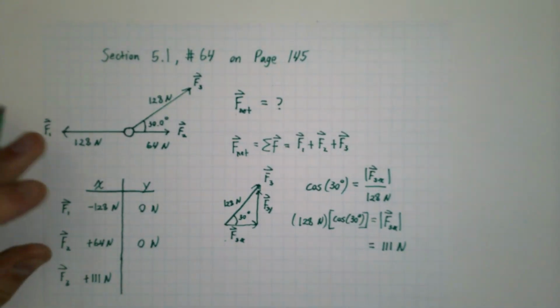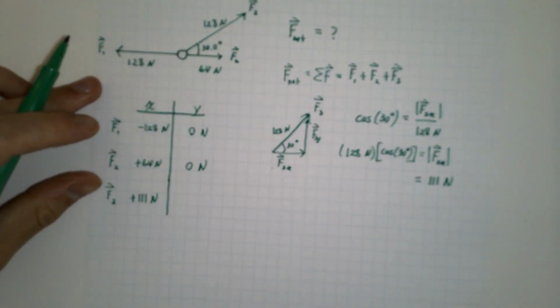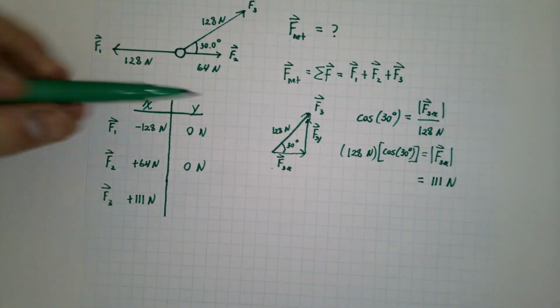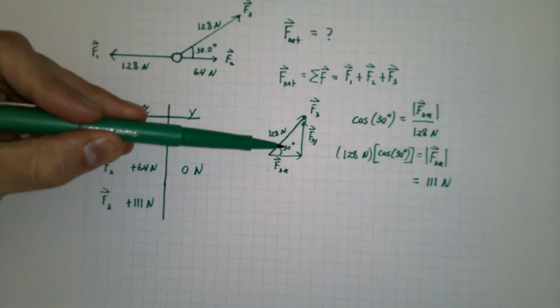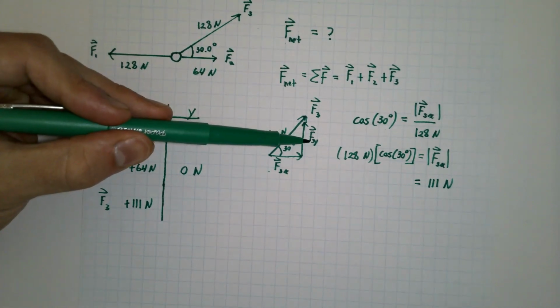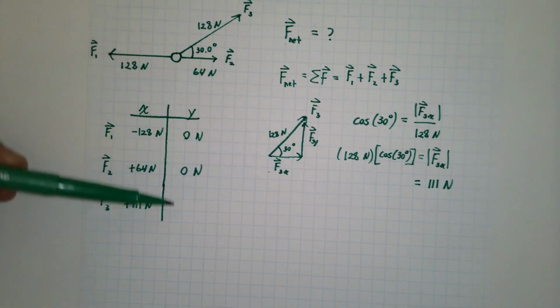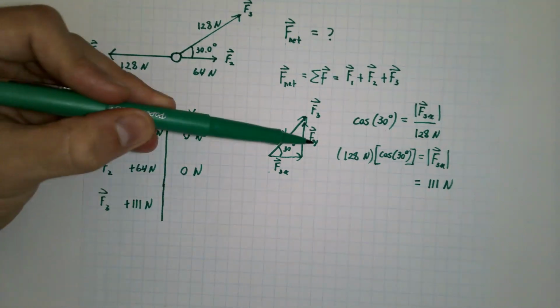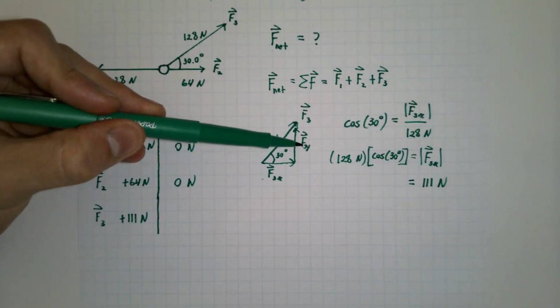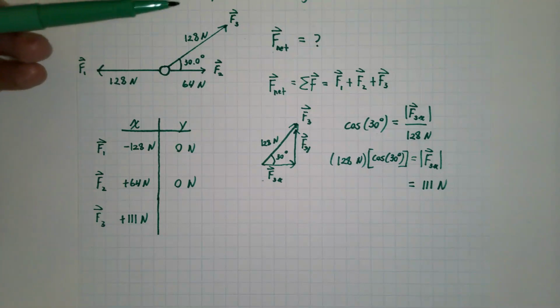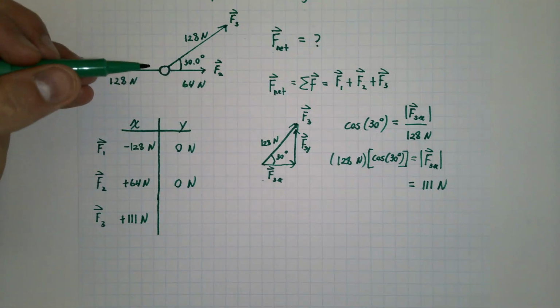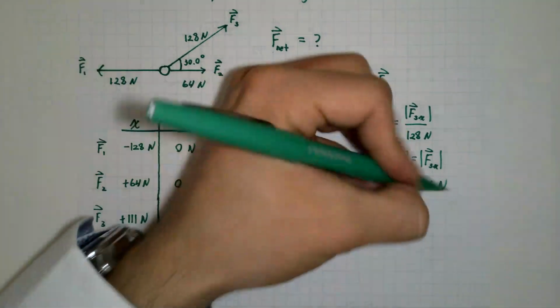111 newtons. Now we'll go through that same procedure where we take one or two knowns and relate them to our third unknown. In this case, our unknown is now the y dimension. So that's the y component of this vector. Instead of using cosine this time, we'll be able to use sine.